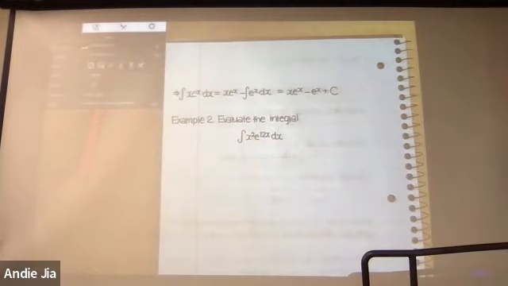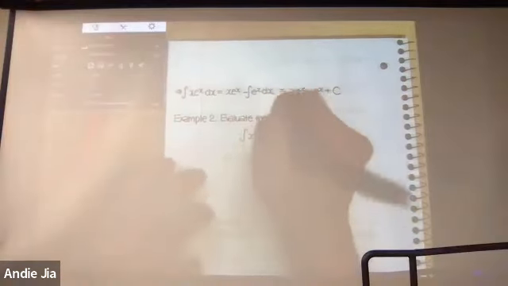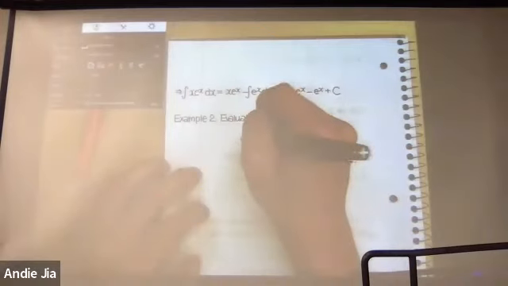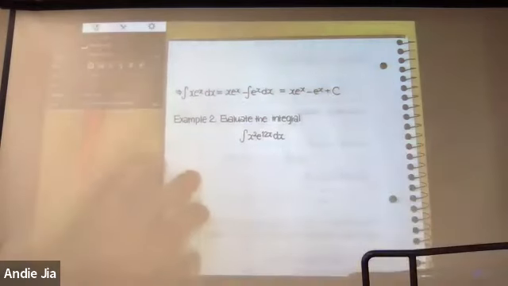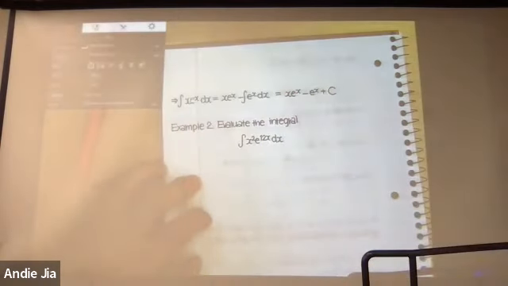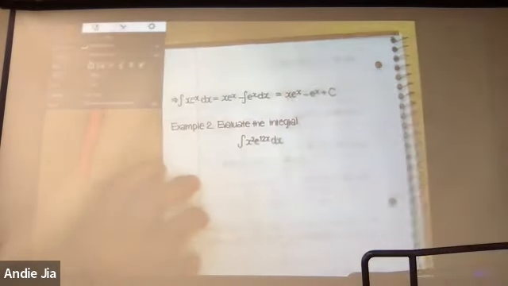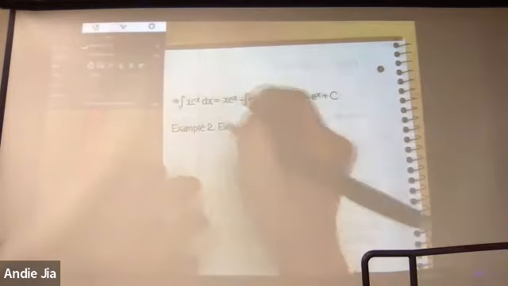First thing, integration by parts. We choose x squared, because sometimes you might use integration by parts more than once, and this is unavoidable.